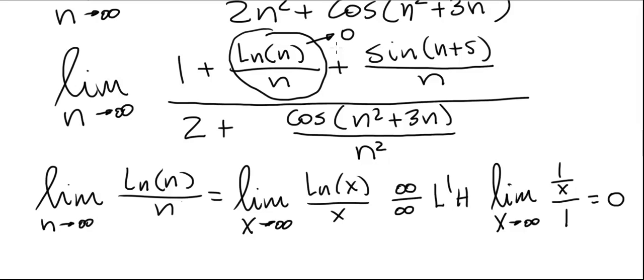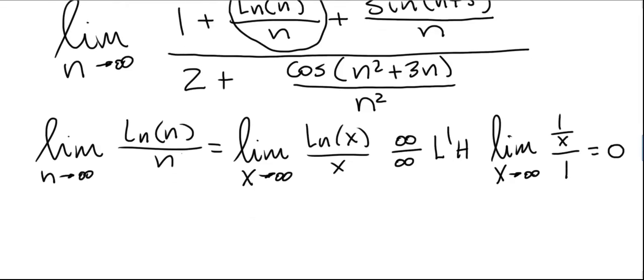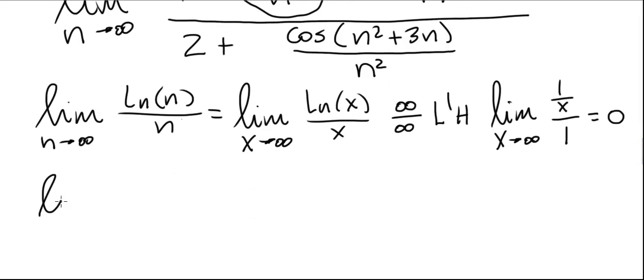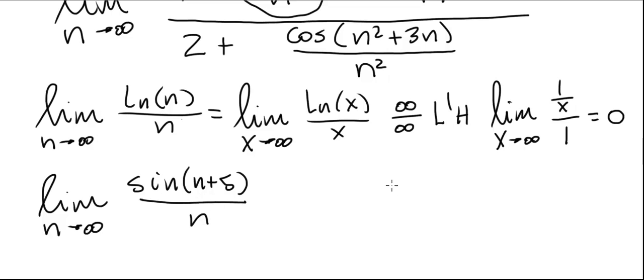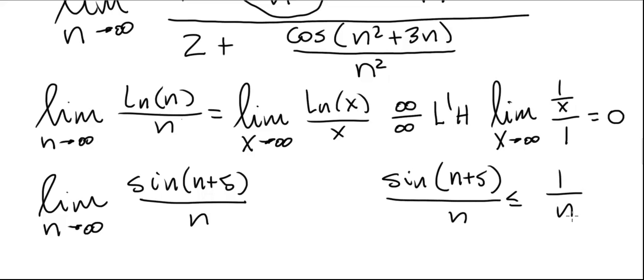Now let's look at the two limits involving the trigonometric functions. The first limit is the limit as n approaches infinity of sine of n plus 5 divided by n. But note that sine of n plus 5 divided by n is less than or equal to 1 over n and greater than or equal to minus 1 over n, because sine of anything is between minus 1 and 1.